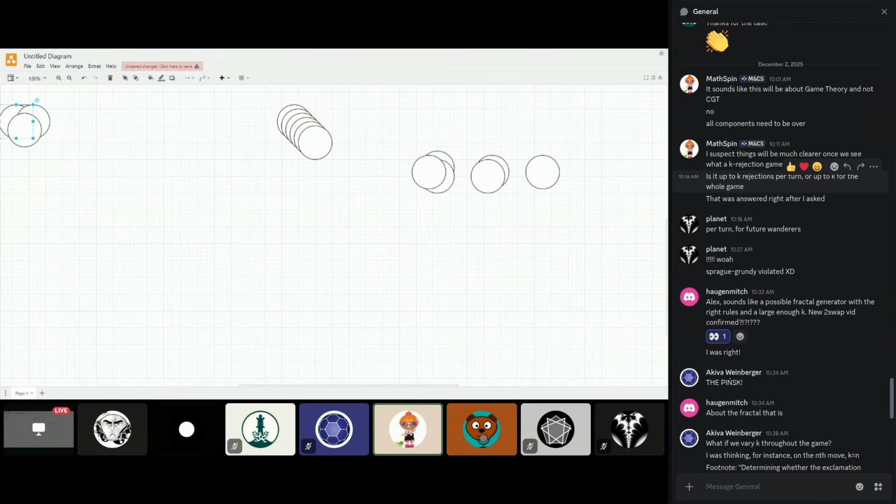The disjunctive sum is the thing where there are finitely many components, and they all have to be over, and when they're all over, then the game is over, and whatever the rules of play say about how that works is how that works.